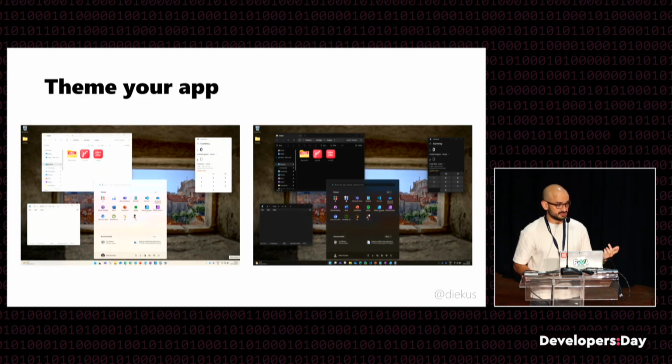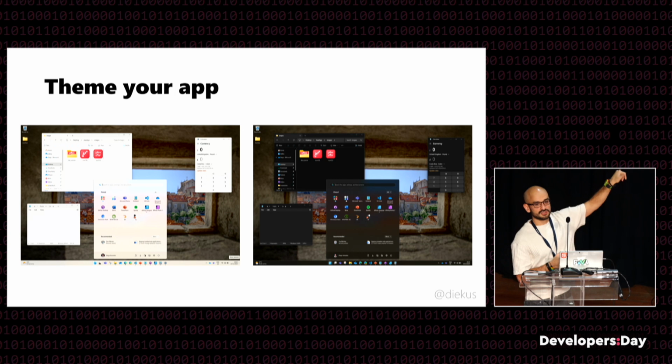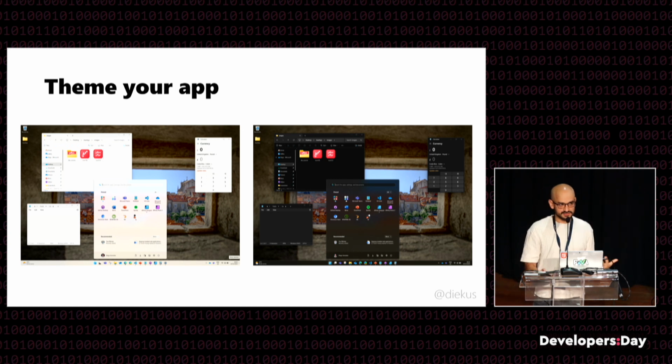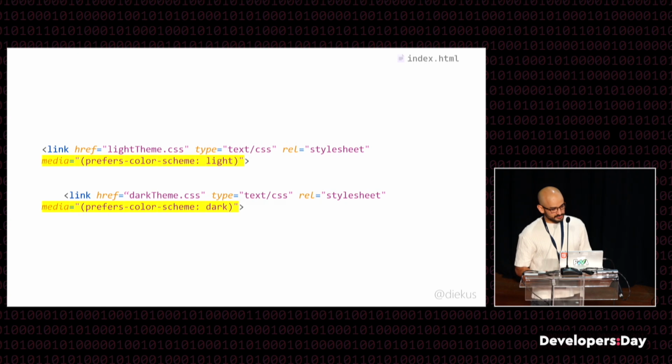Depending on the theme that you have, in this case running Windows, you can see that the applications will change depending on the theme. And your websites can also do that. And this functionality, because it's all based on web technology, also translates to your web applications. So if we were to add, you can see here two different additions of CSS files.